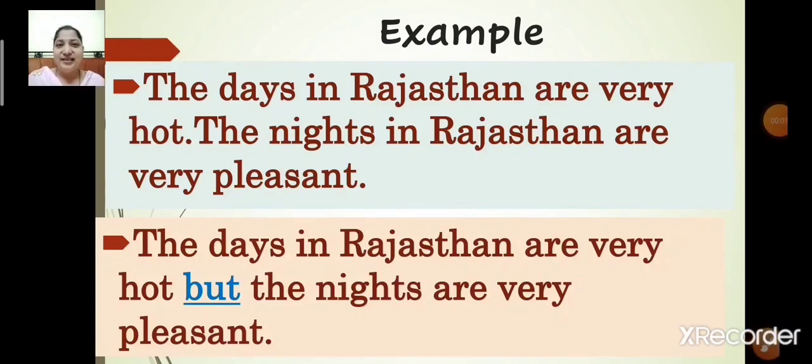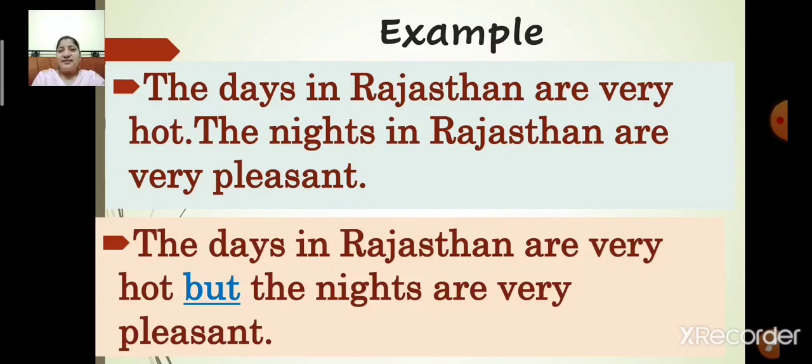Children, as I told you, we have to write the similar point only one time. So children, what is the similar point in both the sentences? Yes, you are right. The similar point in both the sentences is Rajasthan. So children, in the answer we have written Rajasthan only one time. And what are the opposite ideas?